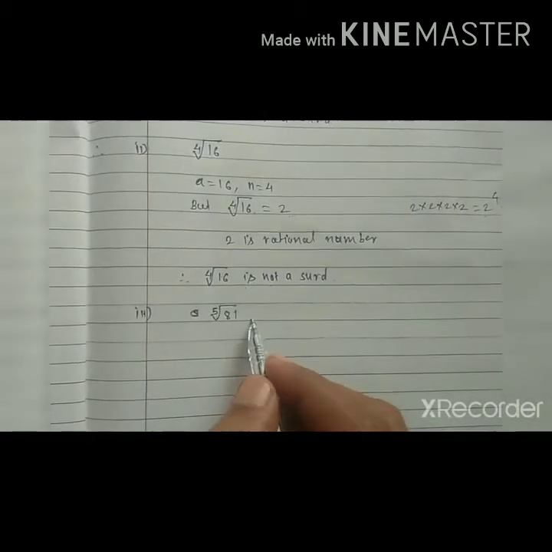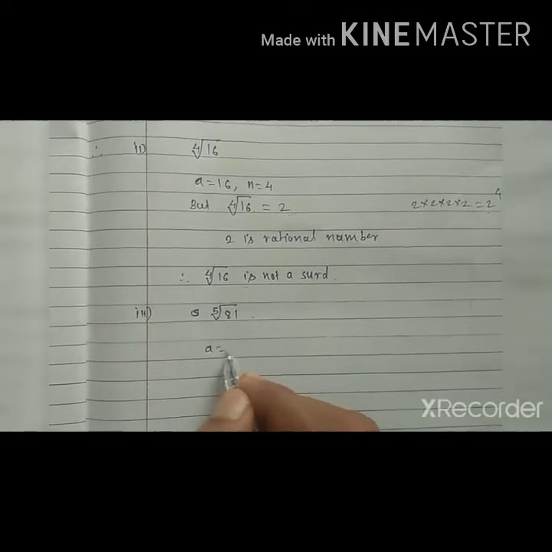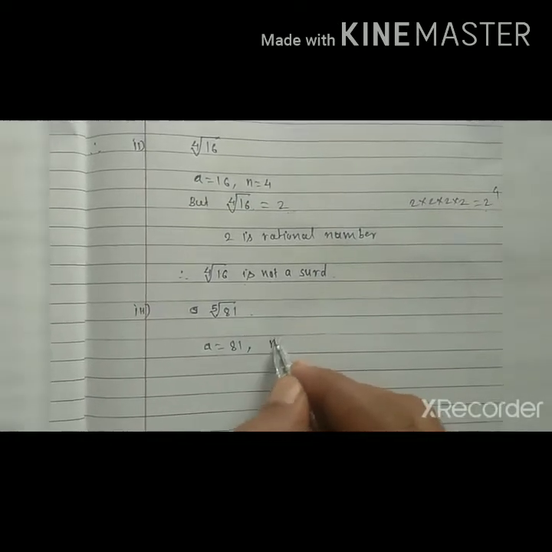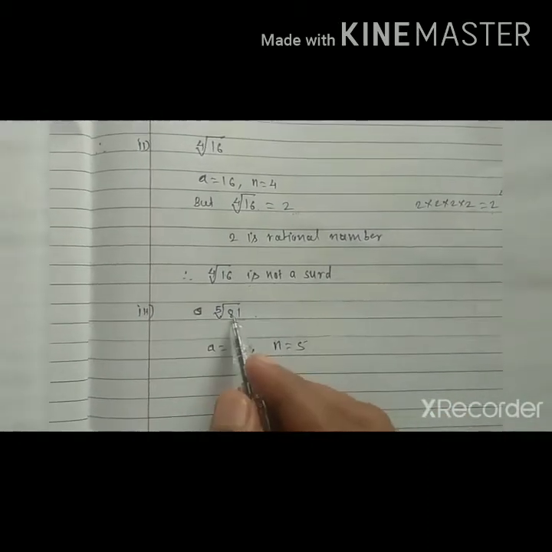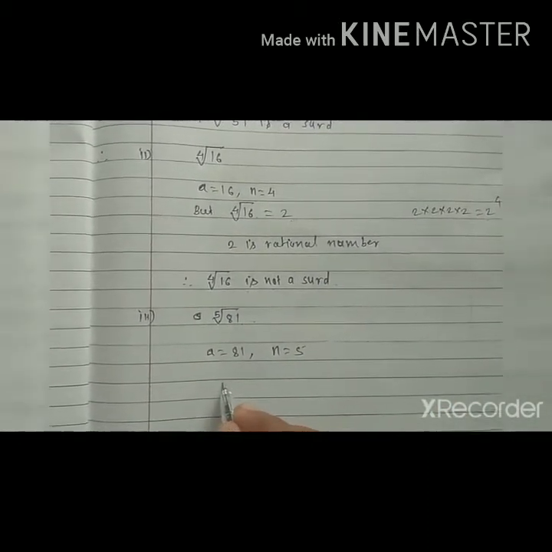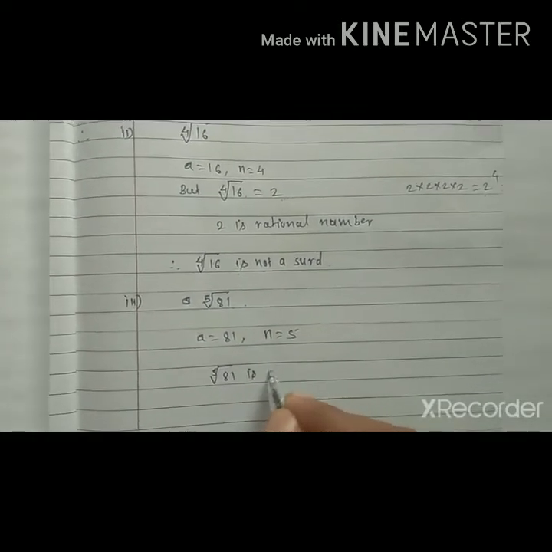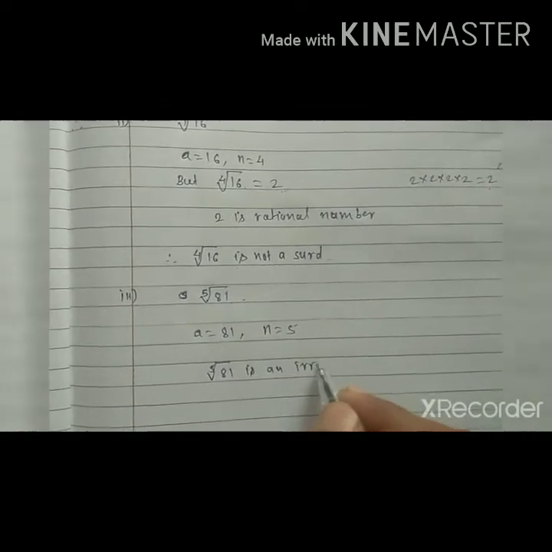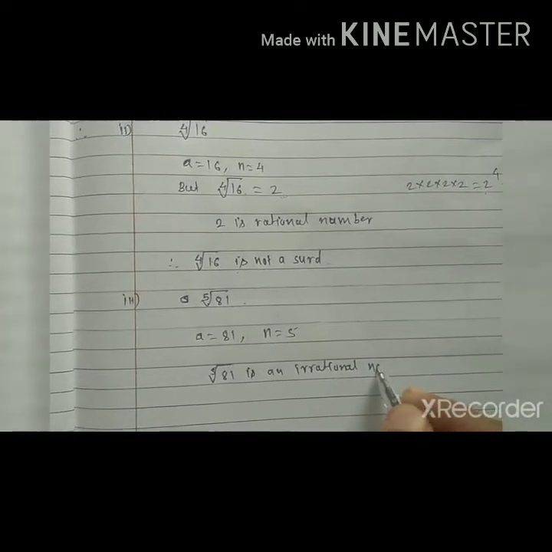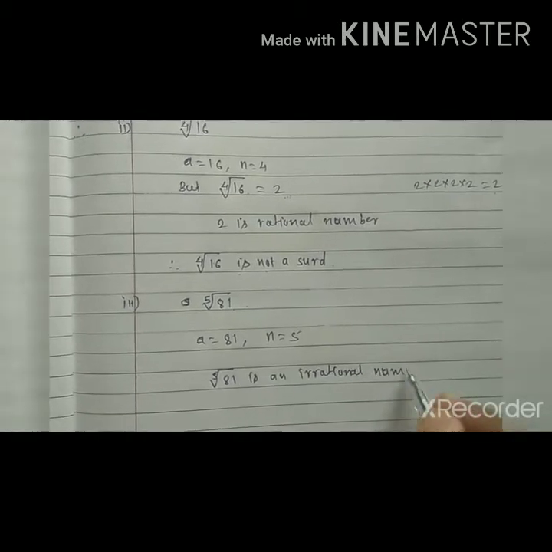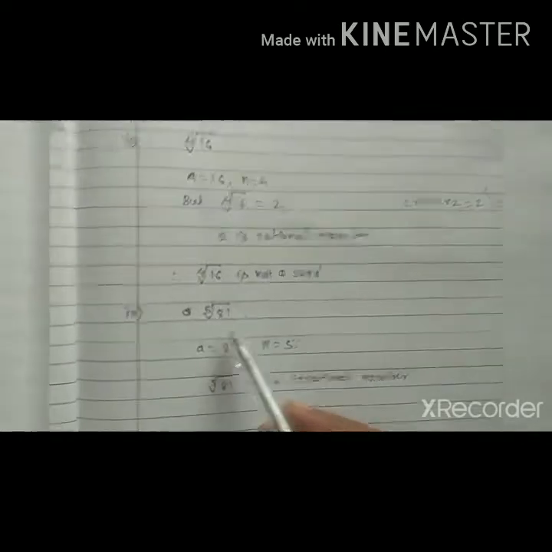Third is the fifth root of 81. So here A is equal to 81. Order of the surd is 5. The fifth root of 81 is an irrational number, because the fifth root of 81 is not a rational number.